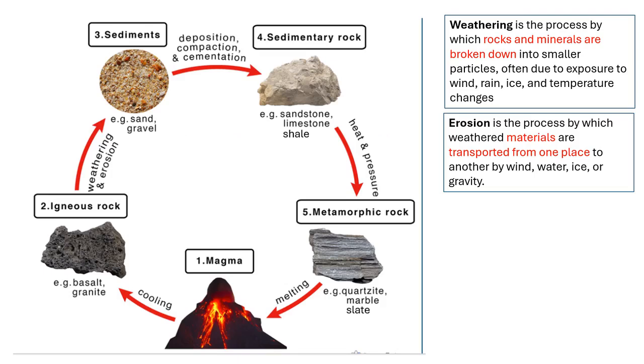Right. It's called a rock cycle, and you can see from the diagram here with the different arrows why it is called a cycle, because the arrows move in a circle. It starts at one point and it also ends at the very same point.